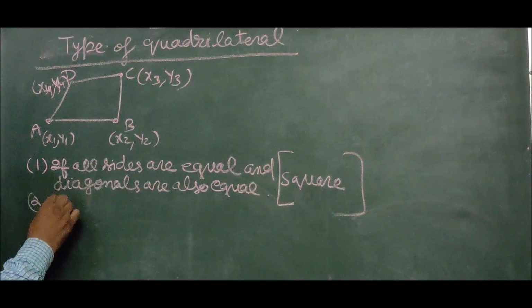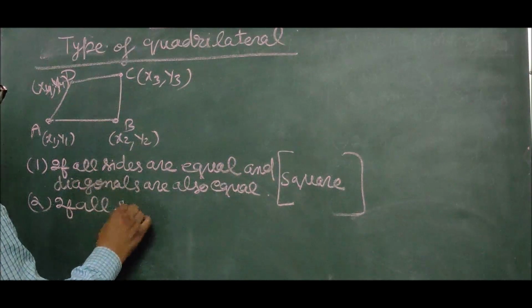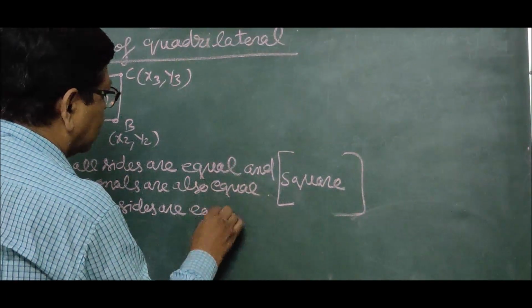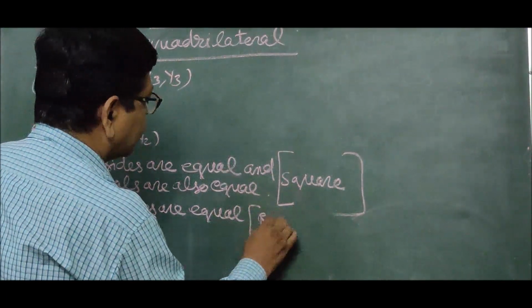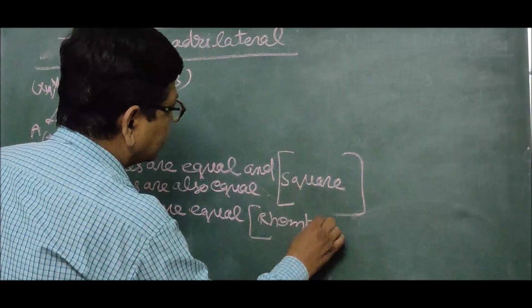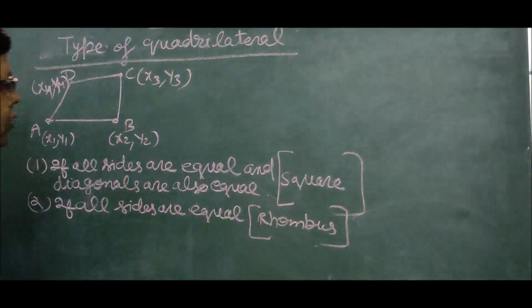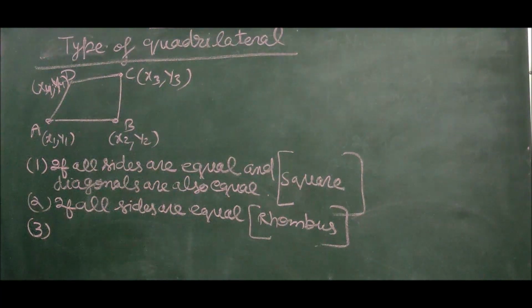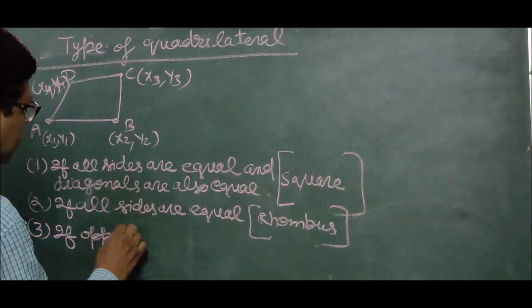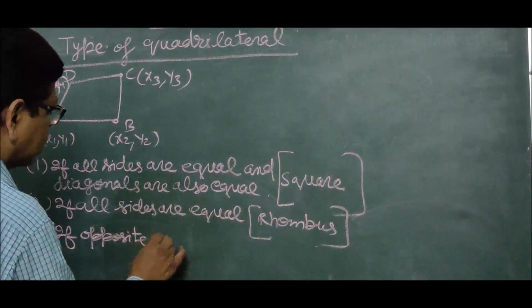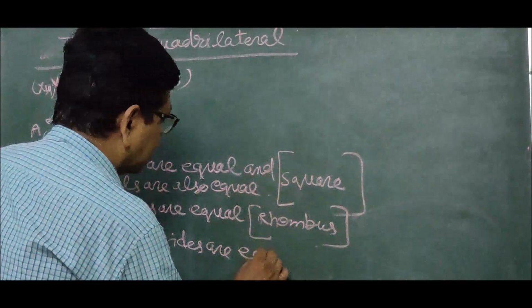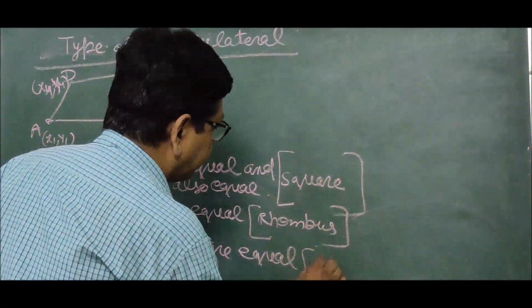If all sides are equal, then it is a rhombus. If opposite sides are equal, then the quadrilateral is a parallelogram.